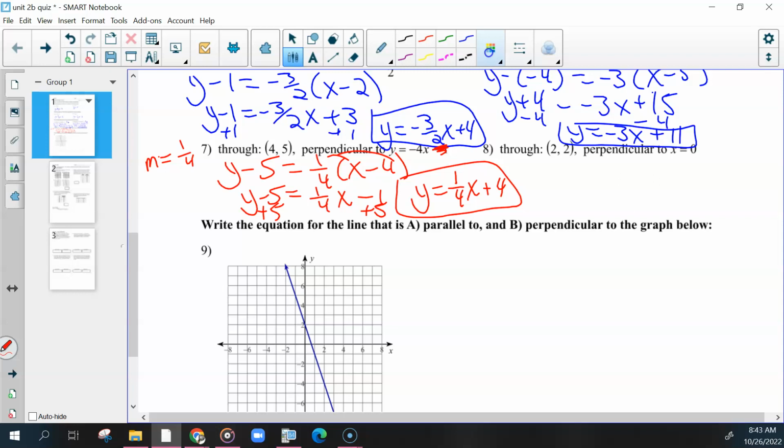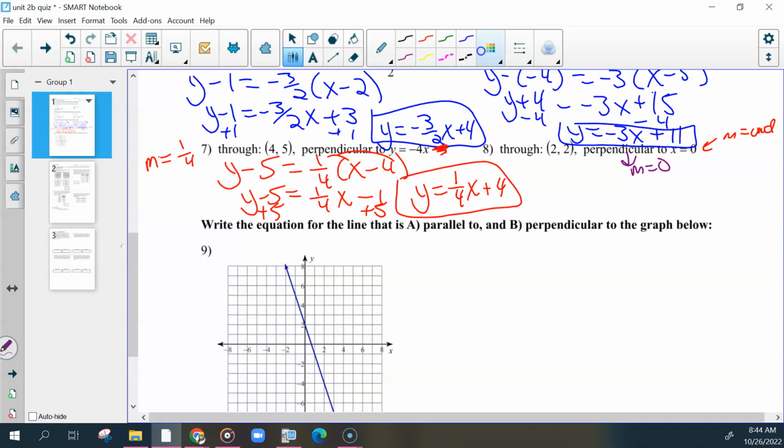For 8, because this is perpendicular and the slope here is undefined, we need the opposite, where the slope is now 0. And then you could have either done this with work or without work.